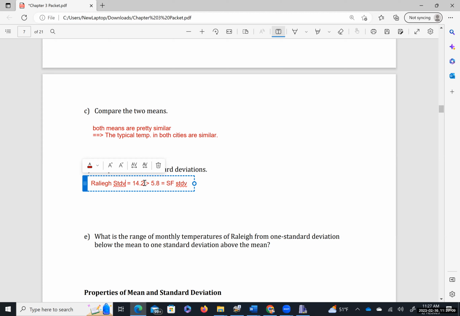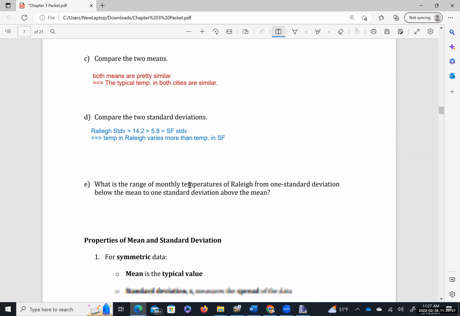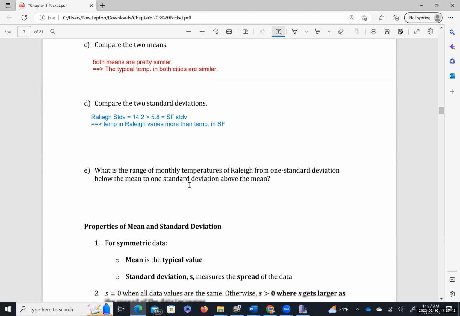So what are we going to say for this? The temperature in Raleigh varies more than the temperature in San Francisco, right? So that is the way we compare two standard deviations.